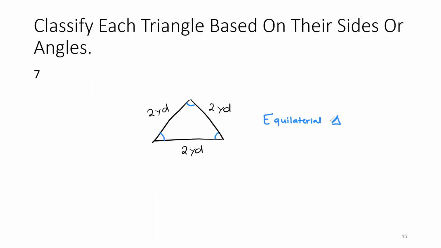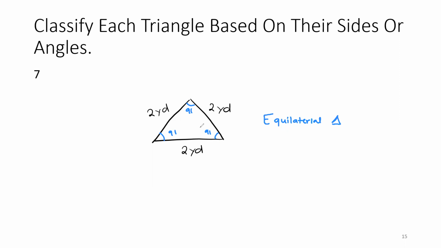What's another possibility? If all the angles are the same, I believe that they all have to be less than 90, right? Because if this was like 91 degrees, this also has to be 91, and then this also has to be 91. That wouldn't make sense because the sum of a triangle adds up to 180, right?